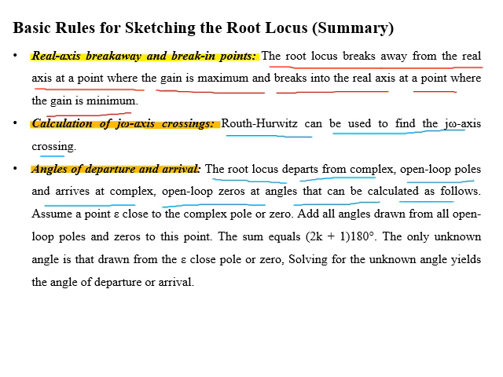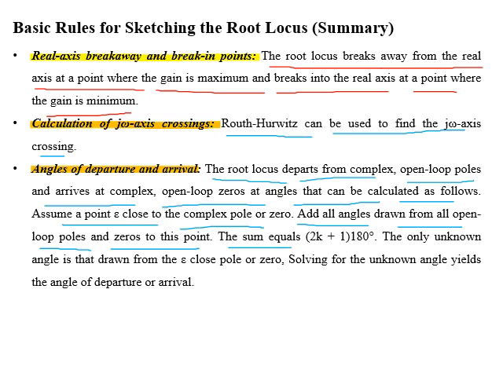And for calculation of this angle, we assume a point epsilon which is close to a complex pole or complex zero. And then we add all the angles drawn from all the open loop system poles and zeros to the point epsilon.